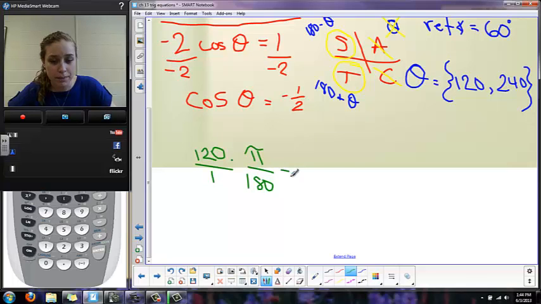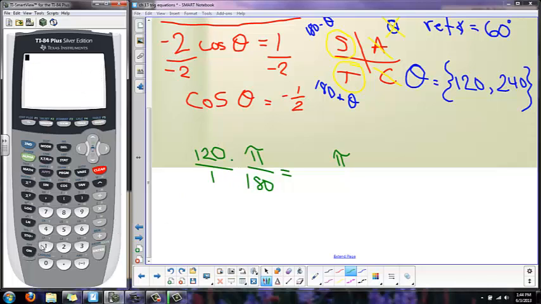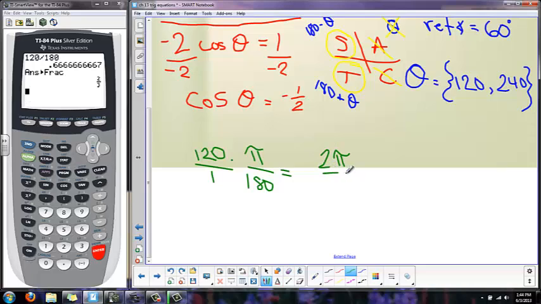You're going to leave that pi symbol in your answer because you want your answer in terms of pi. And then you're just going to do 120 divided by 180 on your calculator, just so that I could reduce that fraction down a little bit. Hit enter. Math, enter, enter again. 2/3. So your answer for the first one is 2 pi over 3.